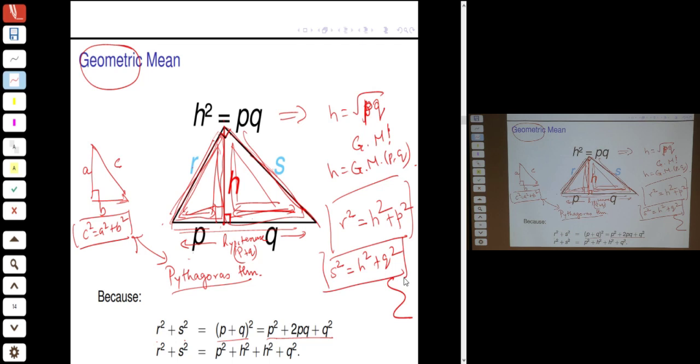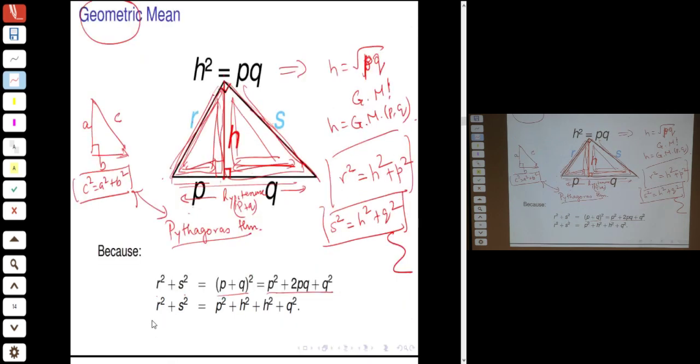And now let us just calculate r square plus s square using these two equations. If you substitute the values of r square and s square from these two equations, then r square plus s square is simply h square plus p square from here and h square plus q square from there. And here you have another expression for r square plus s square. So, these two must be equal to each other.